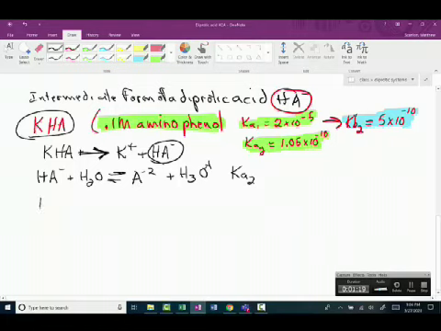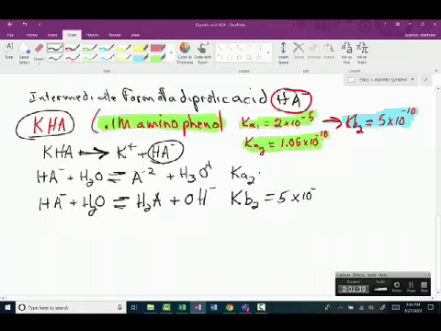And HA minus plus H2O can also act as a base, and that gives us H2A plus OH minus, and that gives us Kb2. So Kb2 is 5 times 10 to the minus 10th, and Ka2 is 1.05 times 10 to the minus 10th.